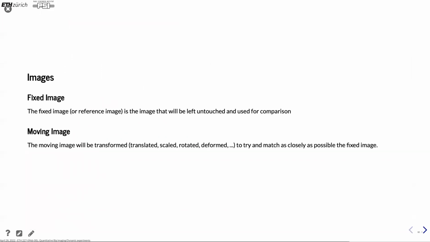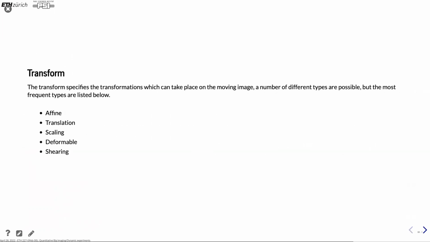So we have two images, the fixed and the moving one, which has been distorted in some way or displaced in some way. And we want to match this as close as possible. That is done using different transformations. We have here a list of those: affine, scaling, deformation, shearing, whatever can be needed.